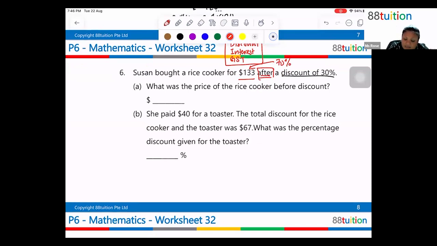So that means 70% is $133. That makes 1% equal to how much? Divide by 70. What's 133 divided by 70? To give me $1.90. What I want to find is the price before discount.